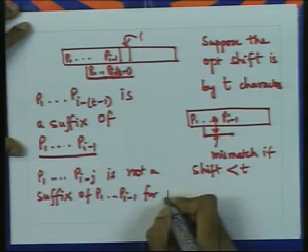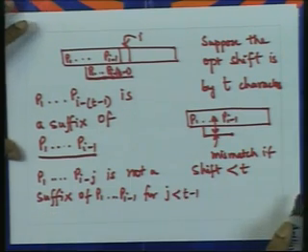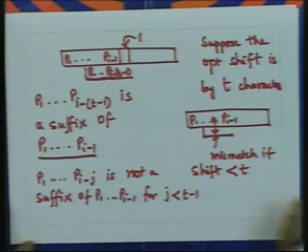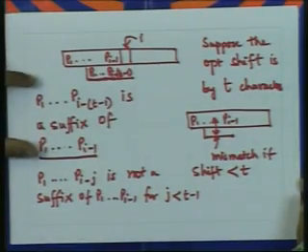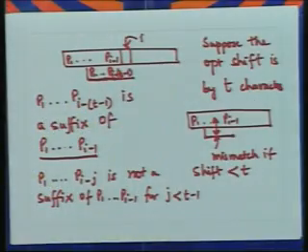So if the shift is less than T, then this is not a suffix. When I shift it by T units, then I have a match all the way, which means this prefix of this pattern is also a suffix of P1 through Pi minus 1.